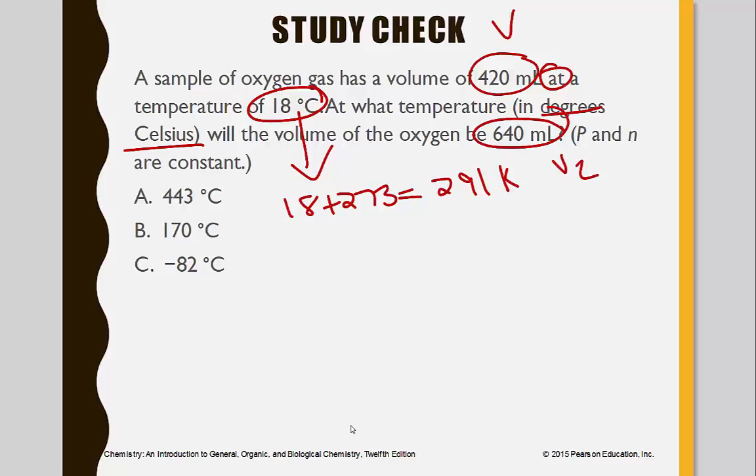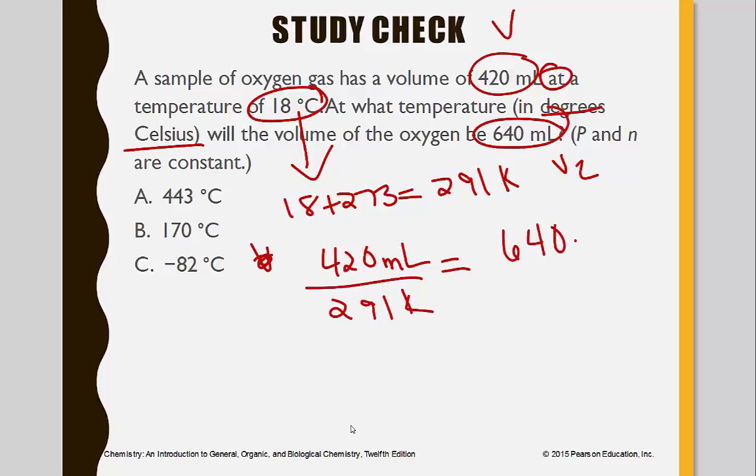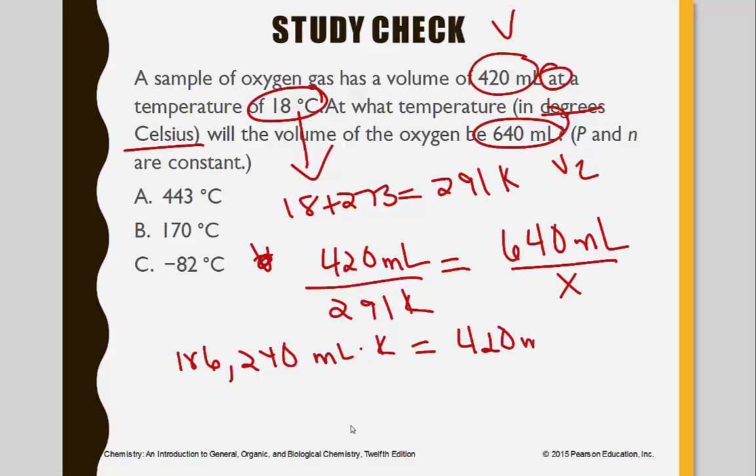So V1 over T1 is 420 milliliters over 291 Kelvin is equal to 640 milliliters over X. So 640 times 291 comes out to be 186,240. Once again, those units are going to be milliliters times kelvins is equal to 420 milliliters times X.